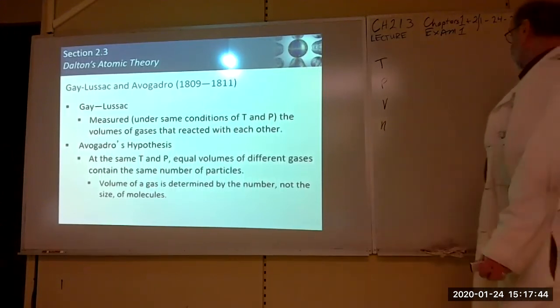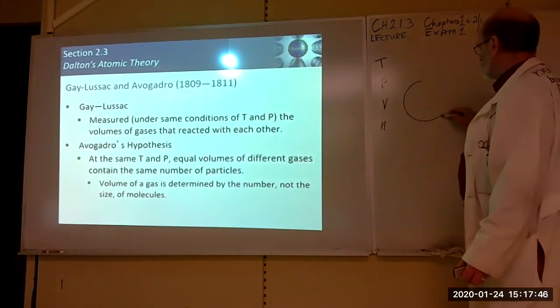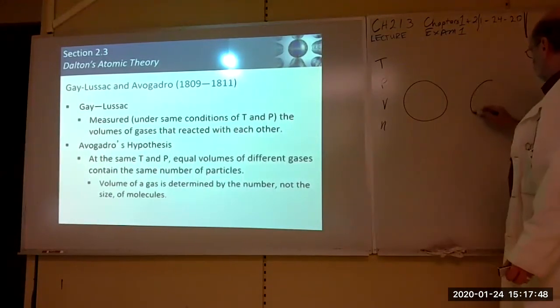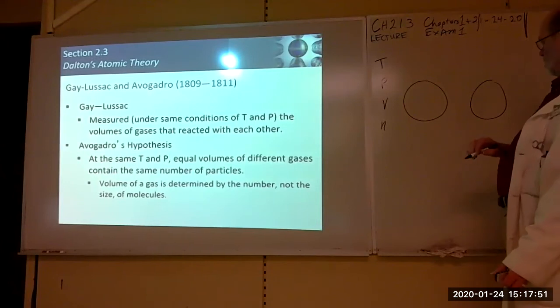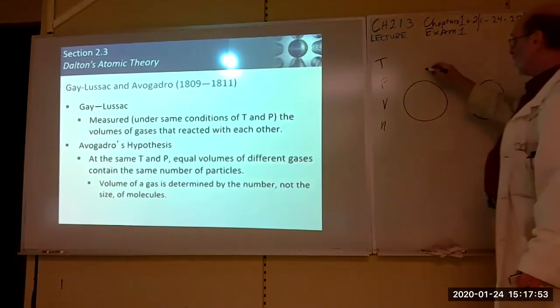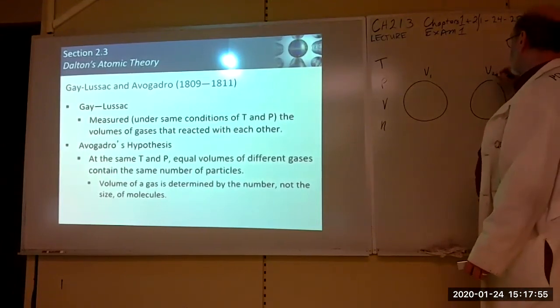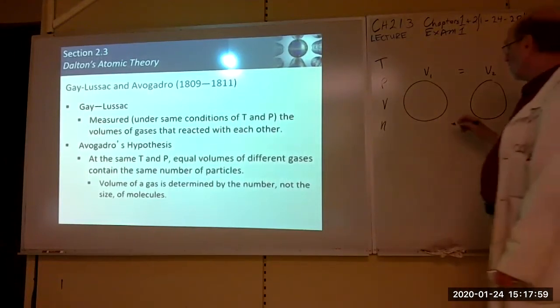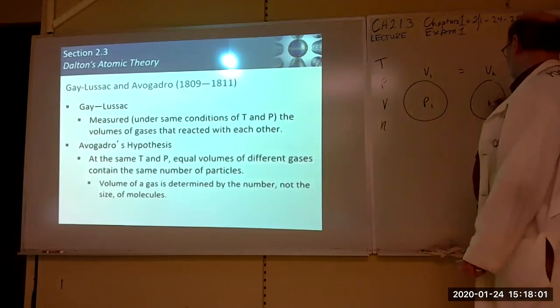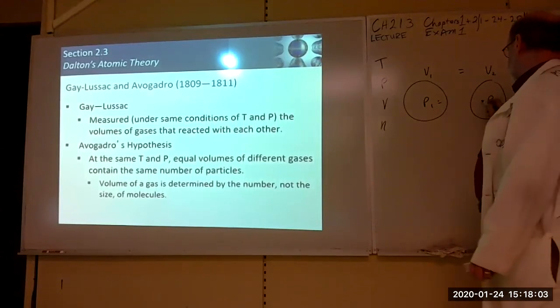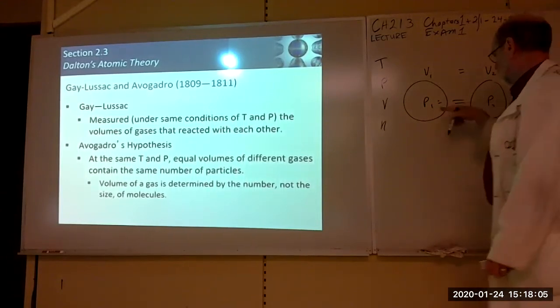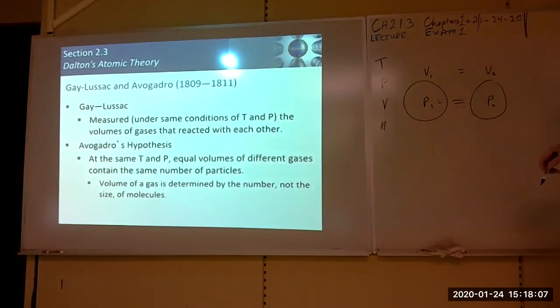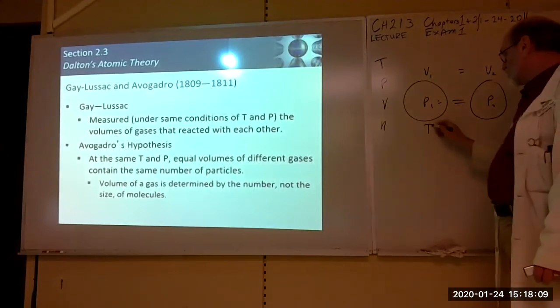So what Avogadro said was, if you have 2 containers, right? I didn't draw them exactly right, but if the volume of this one is equal to the volume of that one, and the pressure inside is equal to the pressure in each one, and the temperatures are the same.